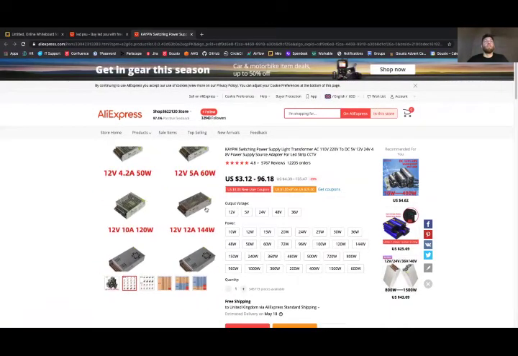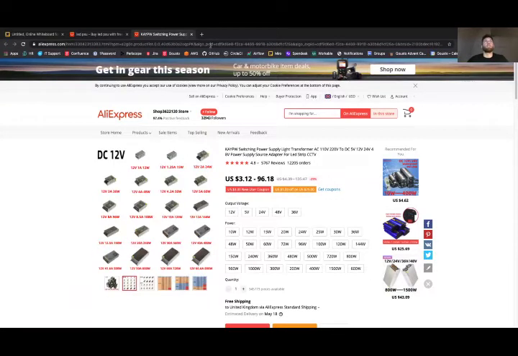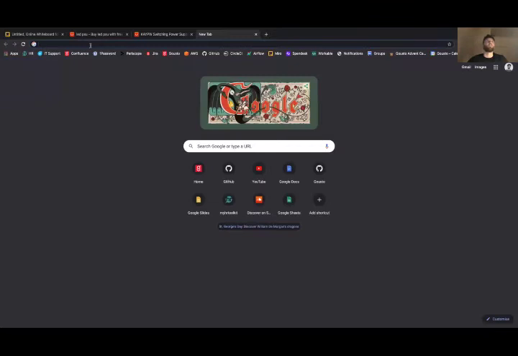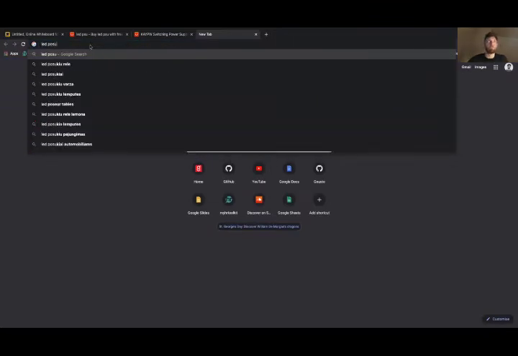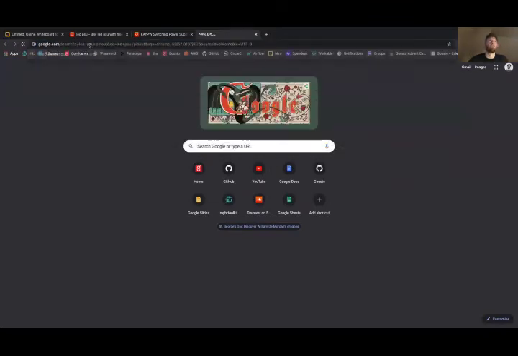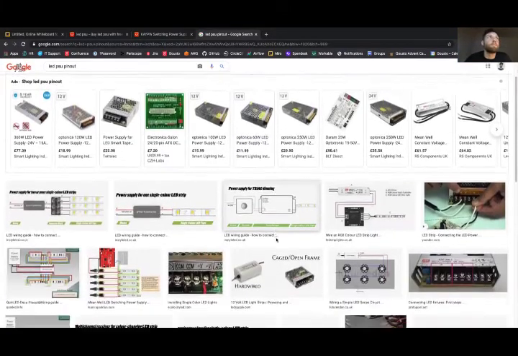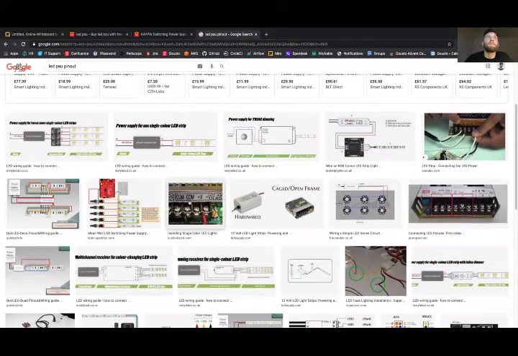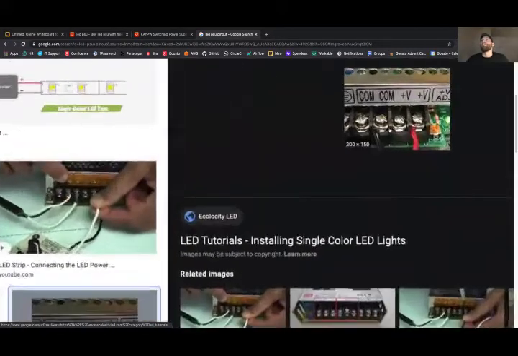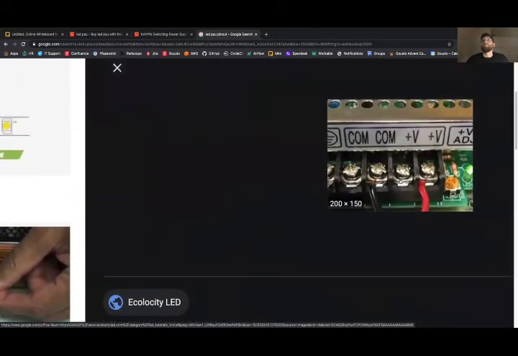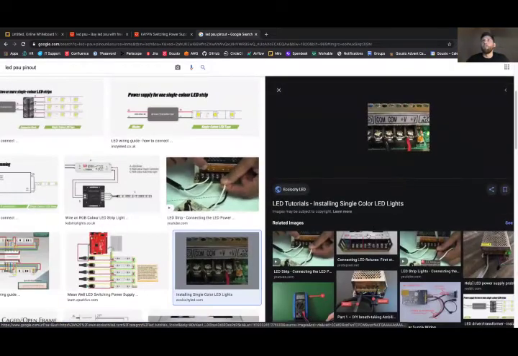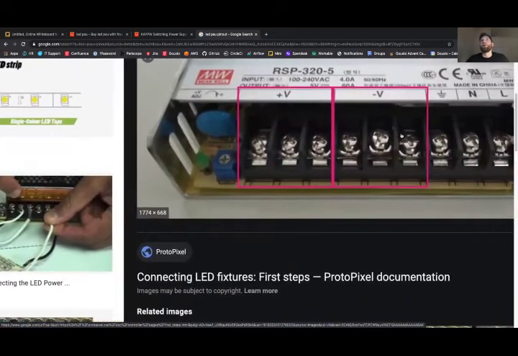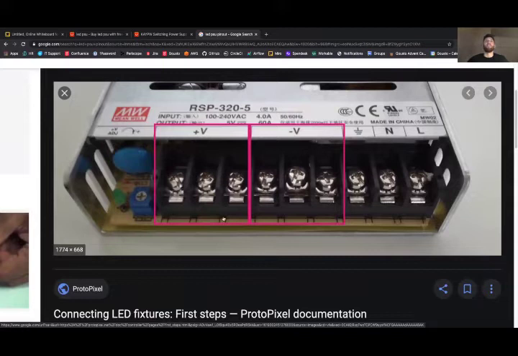Okay, what goes into the unit? Let's see if we can find a diagram. So this is what you'll typically see when you buy one of these units, okay?